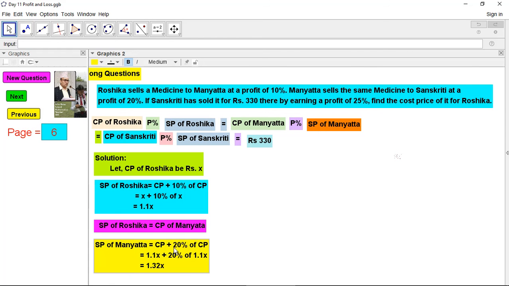Then what is the CP of Manyata? That is the selling price of Roshika, which is 1.1X. So 1.1X plus 20% of 1.1X becomes 1.32X. Still I am waiting for your response.